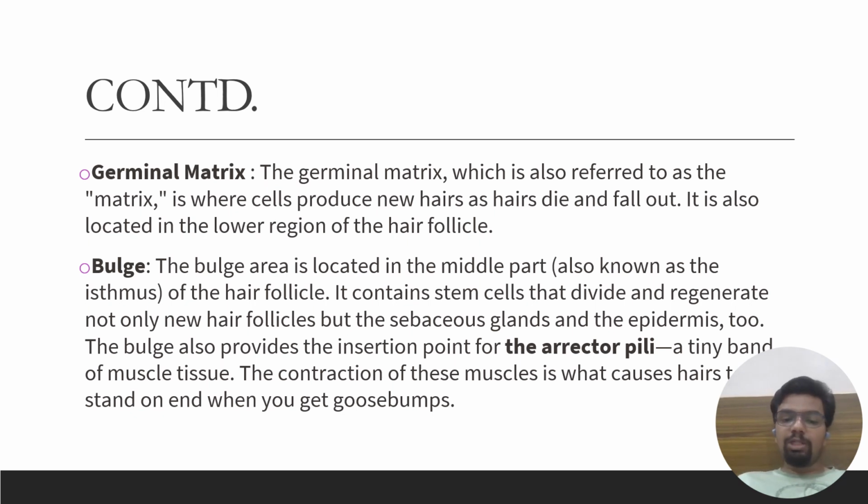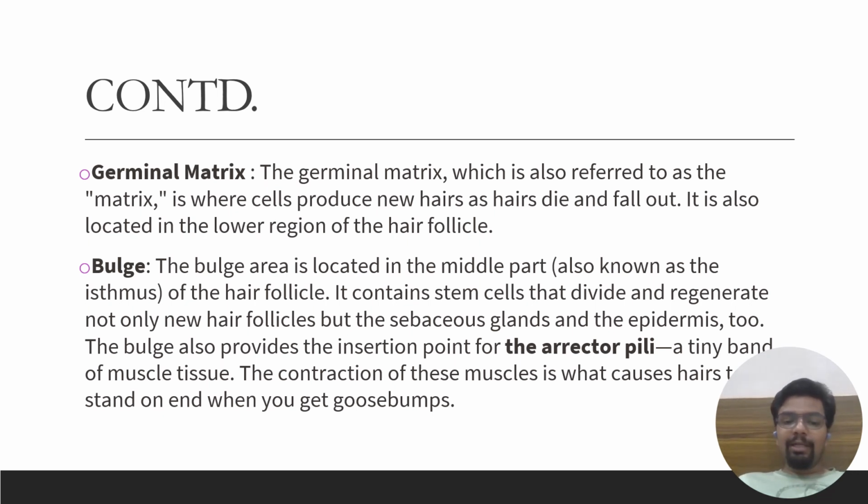The bulge also provides the insertion point of the erector pili, the tiny band of muscle tissue. We all know that with an adrenaline rush, the contraction of the muscle happens, which causes the hair to stand on end when we get goosebumps.